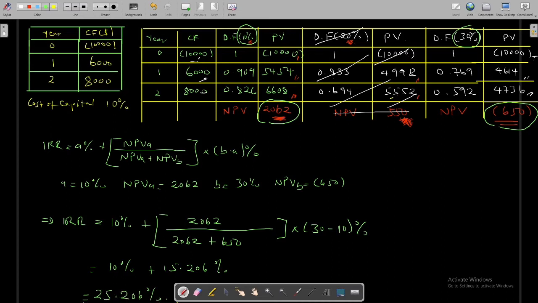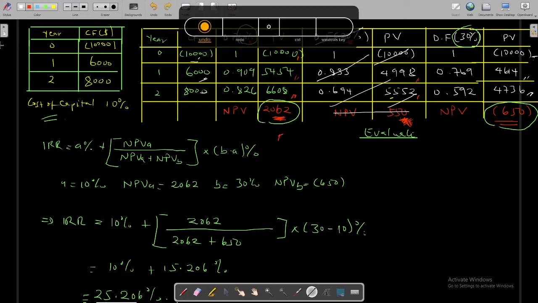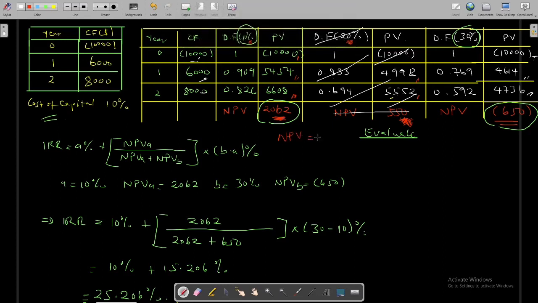Now this is the rate. If we apply it on this project, we'll make the NPV equal to 0. We calculated the internal rate of return as 25.206. Let's assess whether our answer is right or wrong. So I stated that it's the rate at which the NPV should give you 0. So let's use 25.21% here.